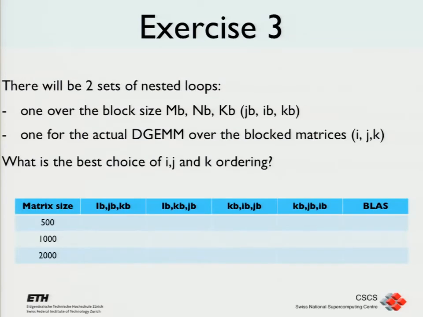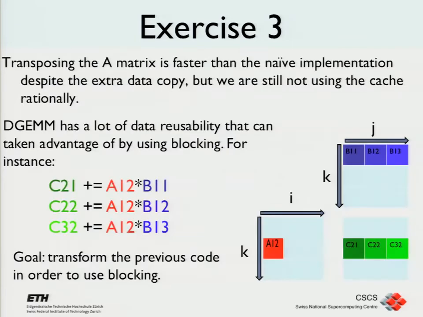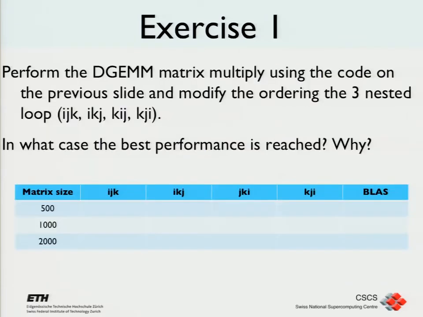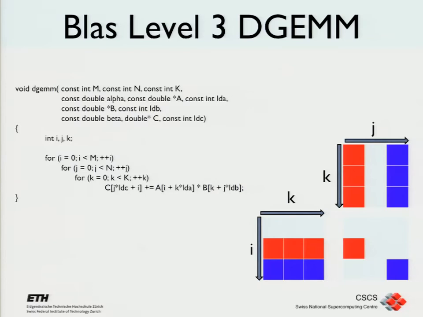So this is exercise number 3. You have the solution in Dgemm block. What we are going to do is create 2 nested loops. The first one will cycle over the block size, and the second one will be more or less exactly what we did before.